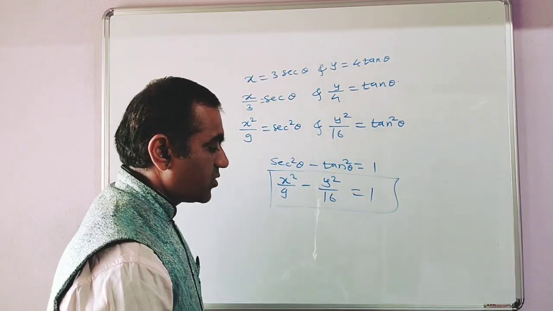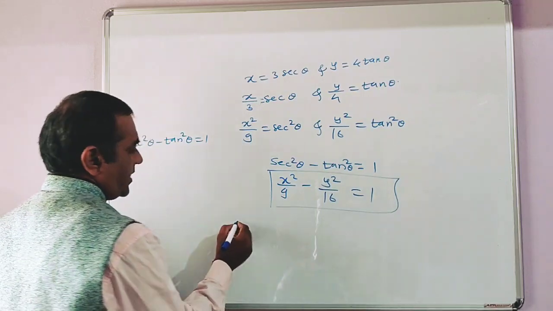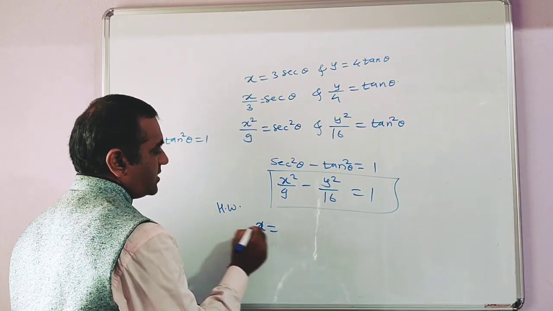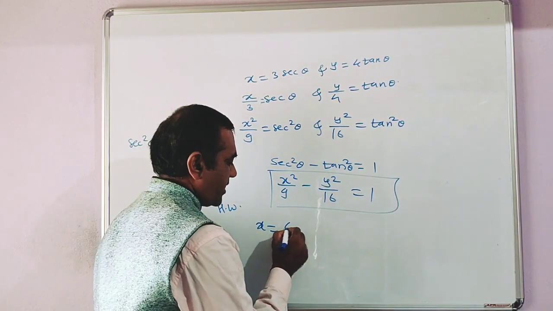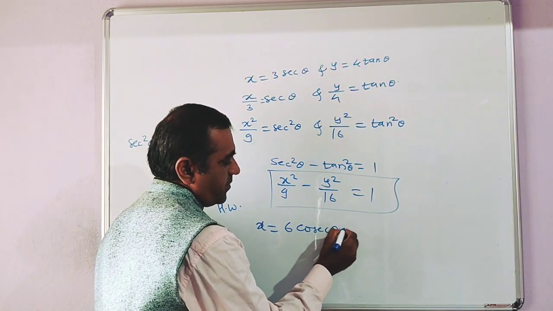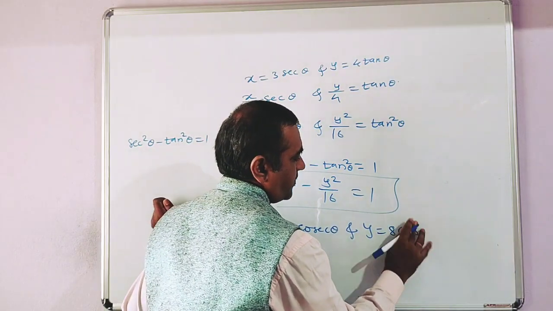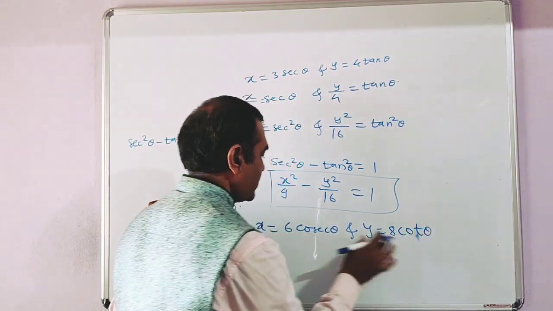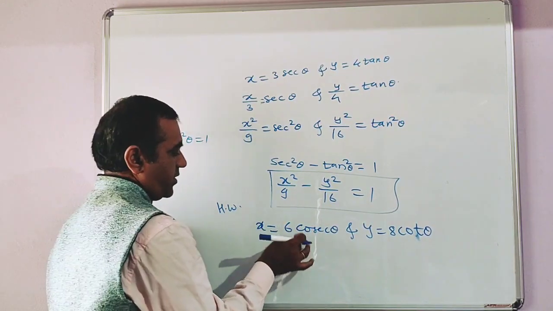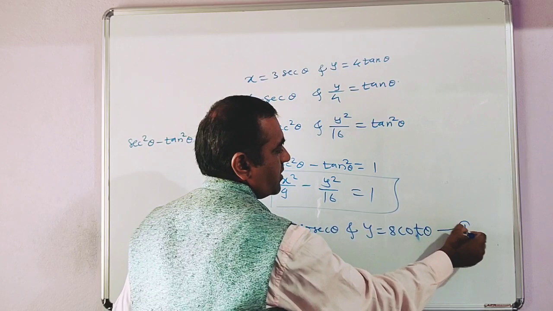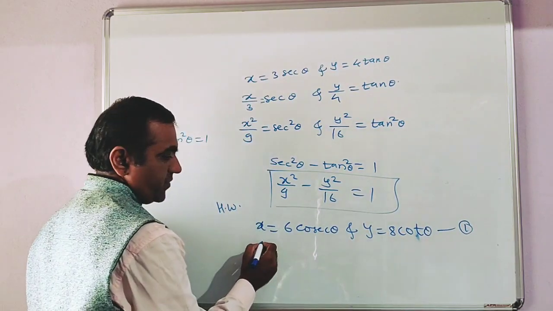Now what about cosec and cot? Similarly, we can have this. For homework, you can solve this: x is equal to 6 cosec theta and y is equal to 8 cot theta. Similarly, you can do like this: x by 6 is equal to cosec, y by 8 is equal to cot. This is the homework for you.